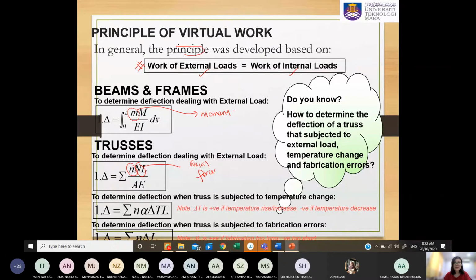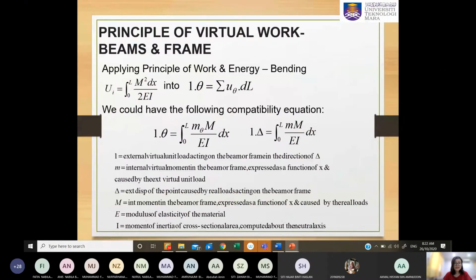This is the main principle. So now let's have a look at the virtual work for beams and frames.